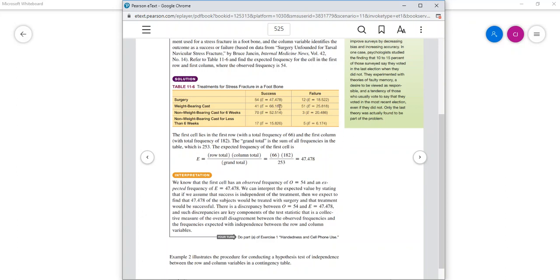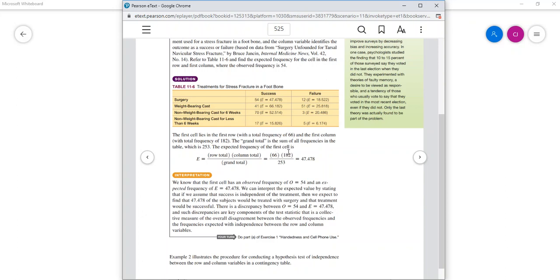Now let's see, how are they getting these numbers in the parentheses? Well, we're supposed to take the row total. So this 54 is in this row. The row total is 54 plus 12, or 66. The column total that 54 is in, it's in this column. I add up 54, 41, 70, 17, and I get 182.